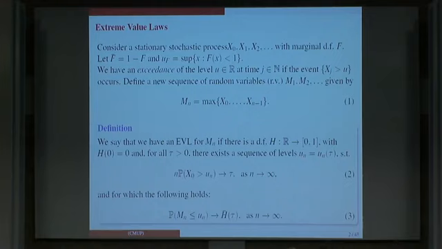Then we define the maximum Mn of the first n random variables, and the idea is to try to show a distributional limit for Mn.